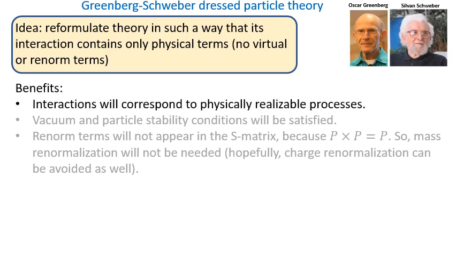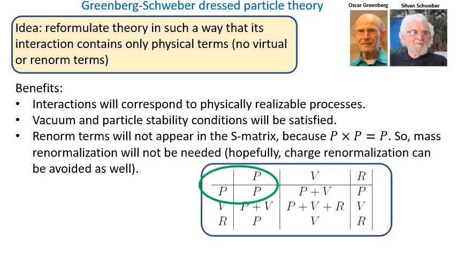The benefits of such reformulation are obvious. First, interactions in the Hamiltonian will correspond to real physical processes. Second, the vacuum and particle stability conditions will be satisfied.